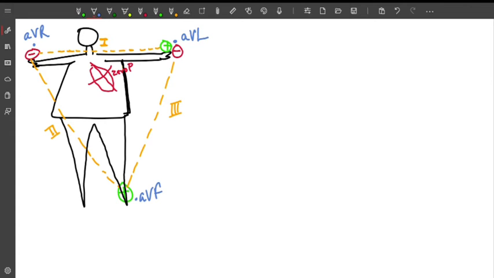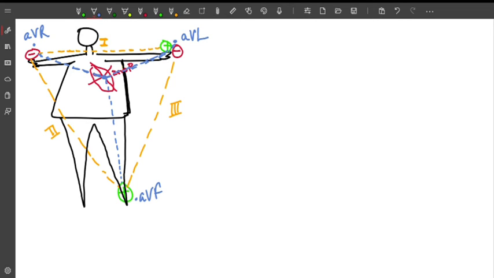So this is the relative negative pole. We will draw a straight line in order to close the circuit. In order to imagine as if the circuit is closed, we will draw an imaginary line joining this pole to the respective augmented leads.